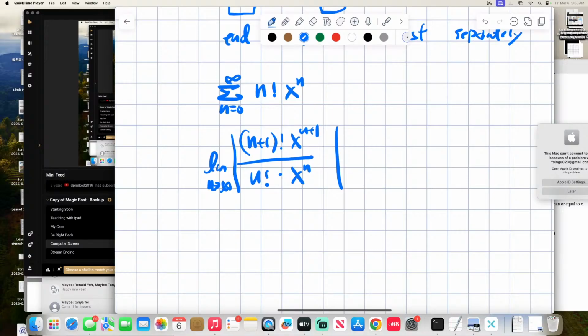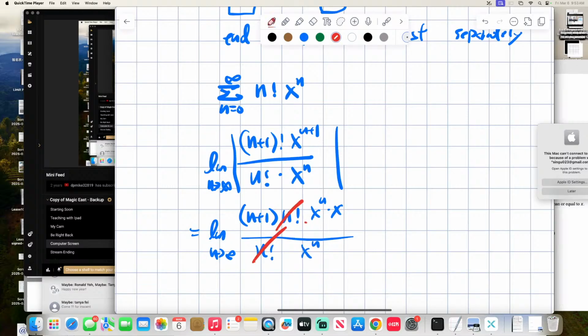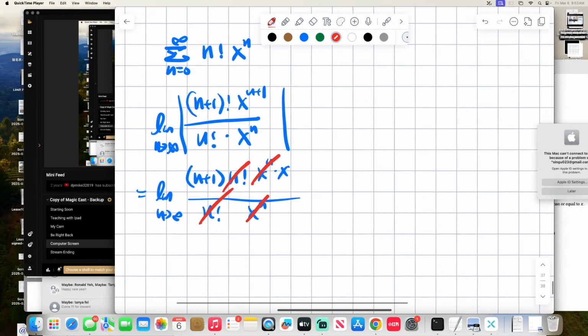And then we will start simplifying. So that's equal to limit n approaches infinity of (n plus 1) factorial times x to the n, times x over n factorial x to the n. This is going to cross out nicely. Now remember, there's a difference between n and x.